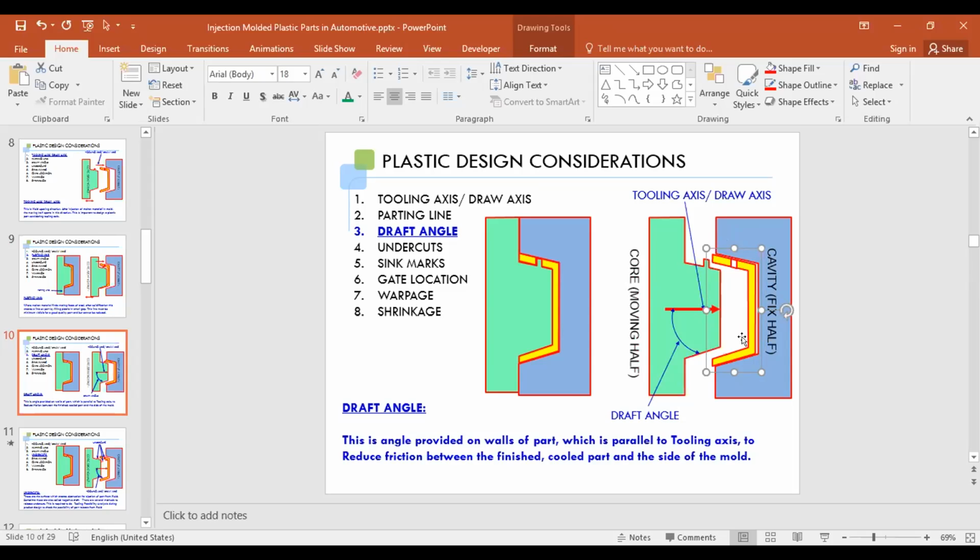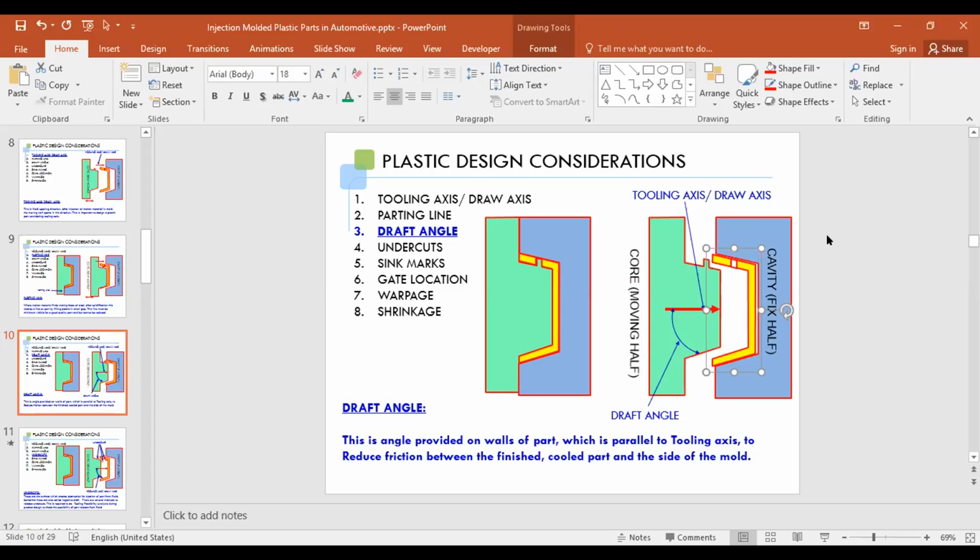I think everybody knows about the A surface and B surface. The A surface is the visible surface of any part, which will be visible to us, and we expect a better surface finish on the A surface.